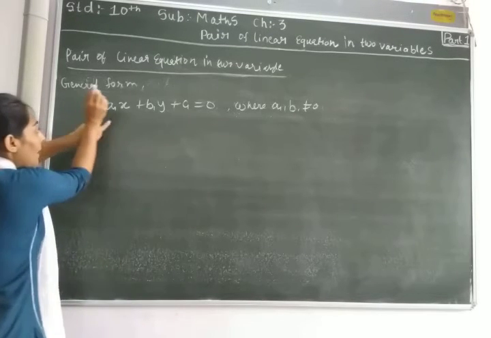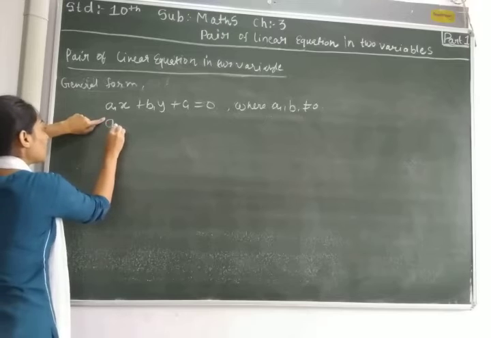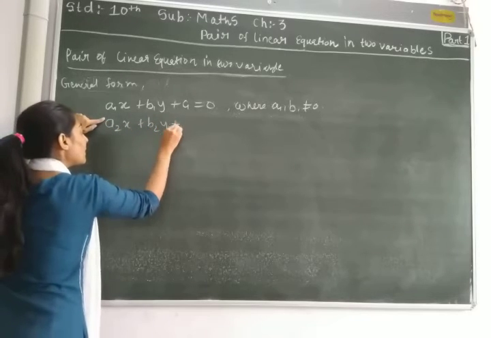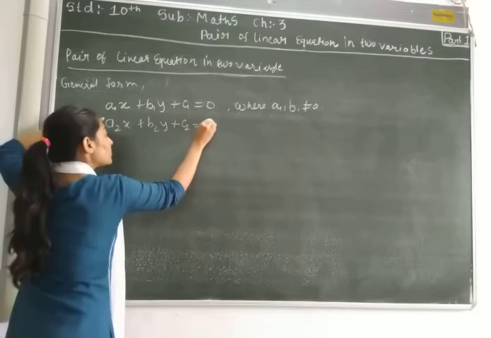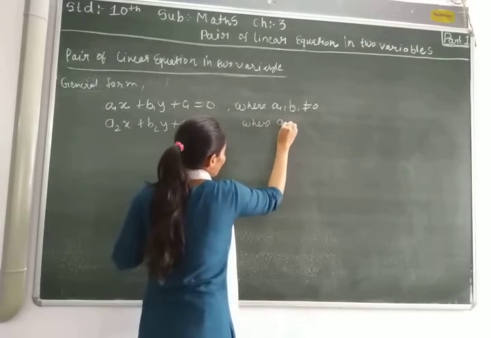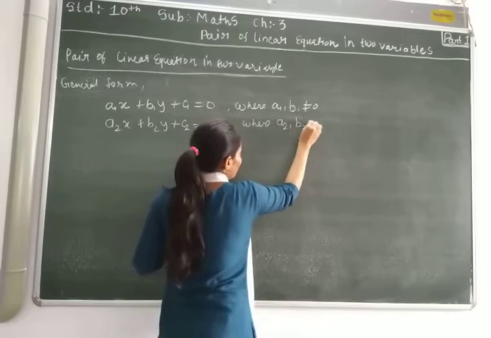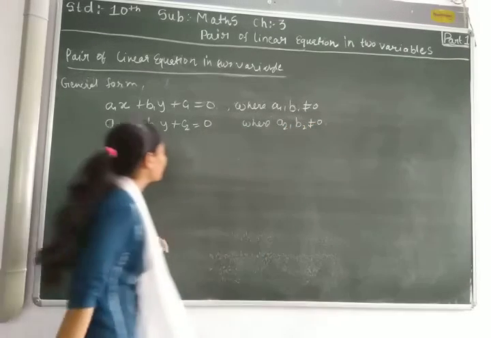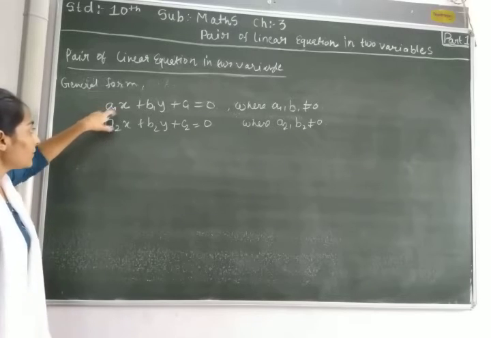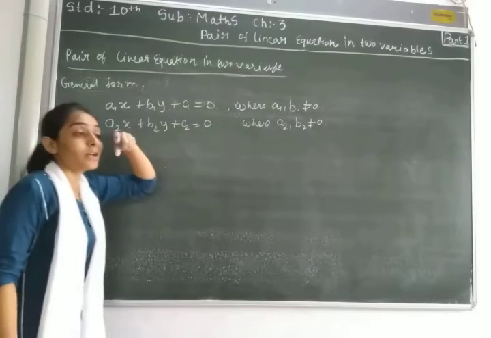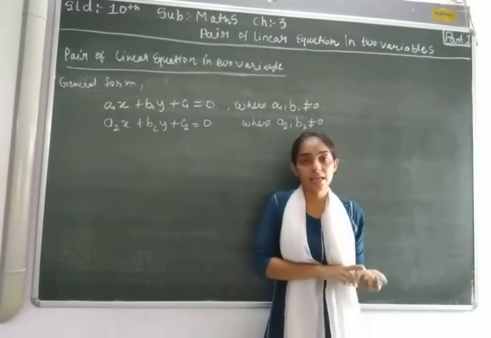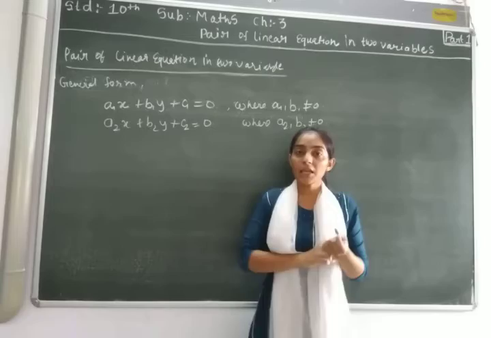Now, for a pair of linear equations, I am taking a2x plus b2y plus c2 equals 0, where a2 and b2 are not equal to 0. So a1, a2, b1, b2, c1, c2 are constants. The only thing we want is a pair of linear equations.